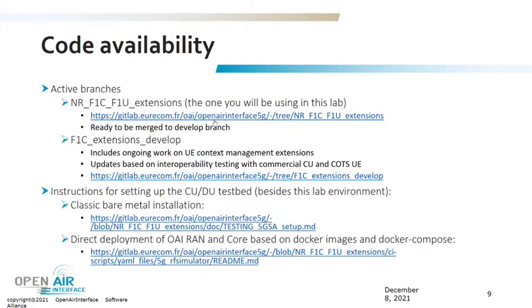The one pointed out here is the classic bare metal installation. And there is also another possibility for direct deployment of the RAN and core network components based on Docker images and Docker Compose, thanks to Raphael, who has prepared this, where you can deploy this environment on the fly and see it running, in fact.